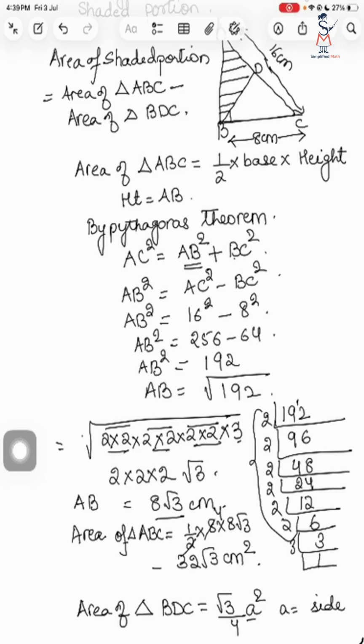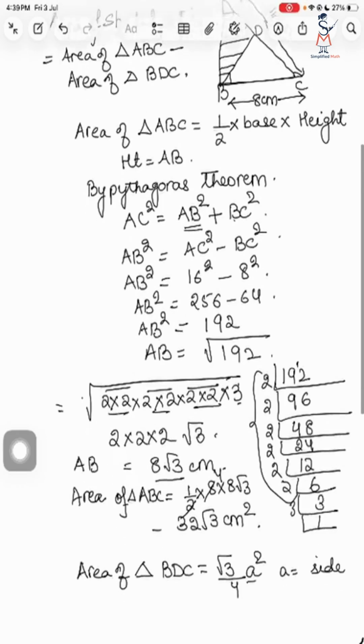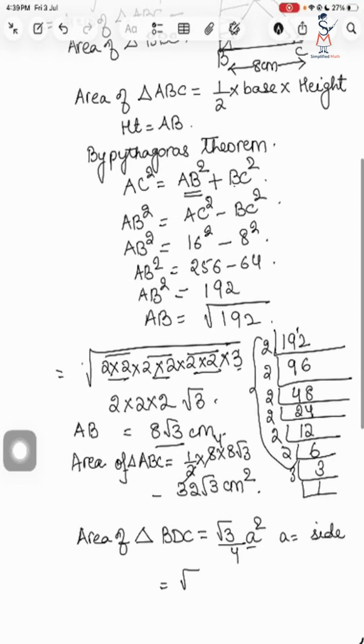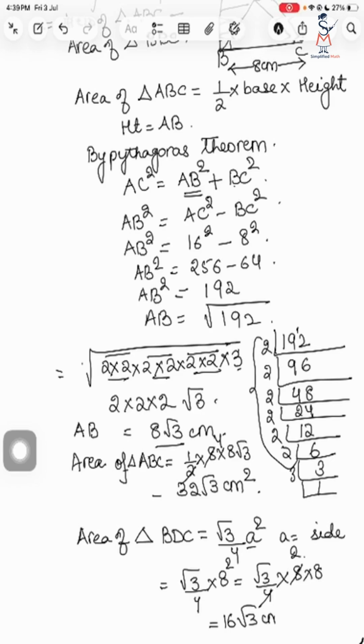So BC is one of the sides, that means it is 8, so it will become root 3 by 4 into 8 square, that is root 3 by 4 into 8 into 8. This will become 16 root 3 centimeter square.